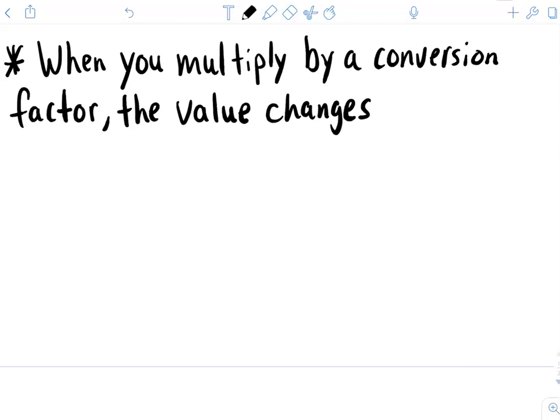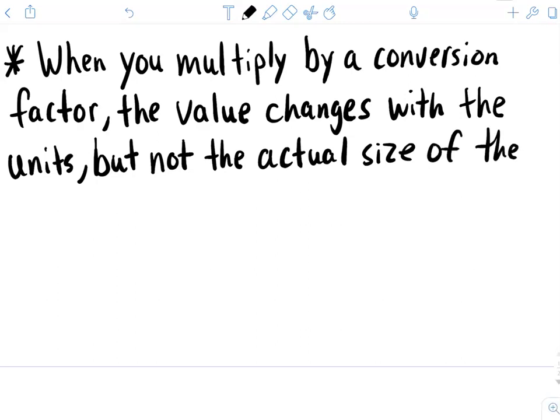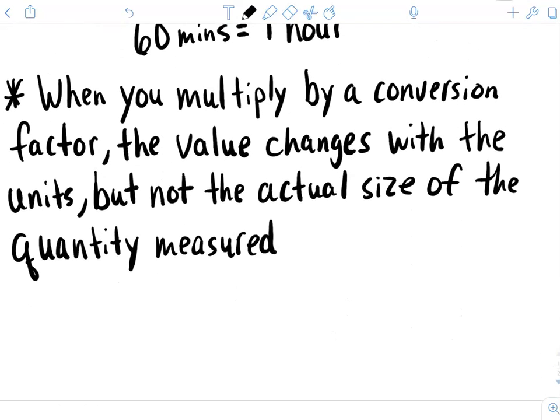So the value changes with the units, but not the actual size of the quantity measured. So basically what we're saying is, okay, yes, we know that we are going to be converting between units.